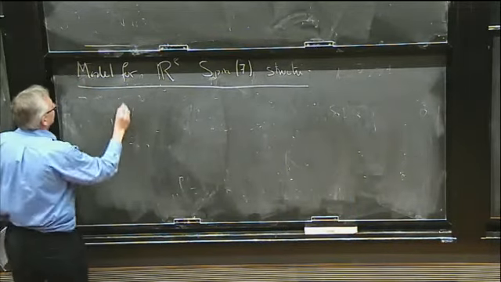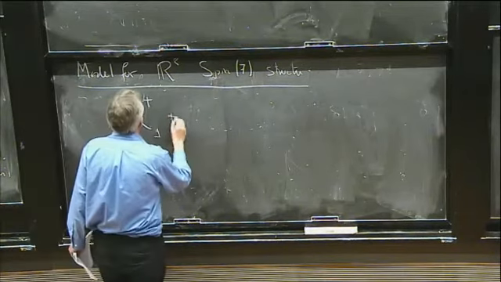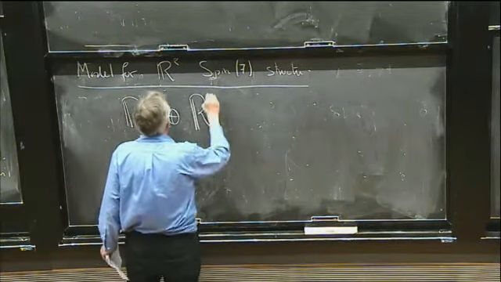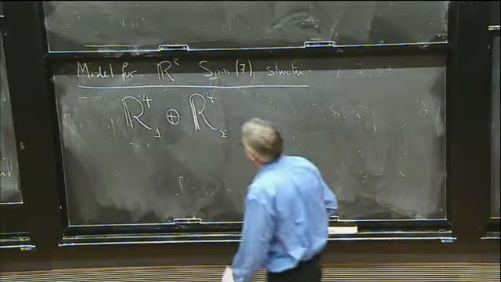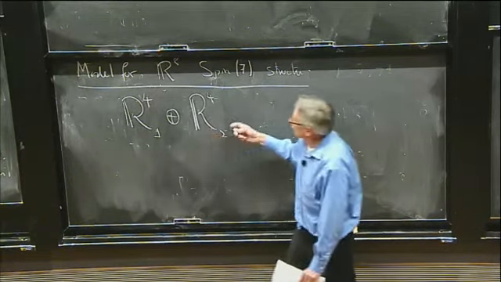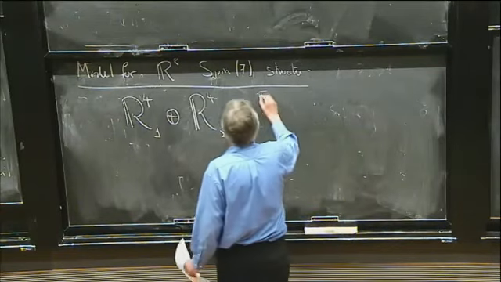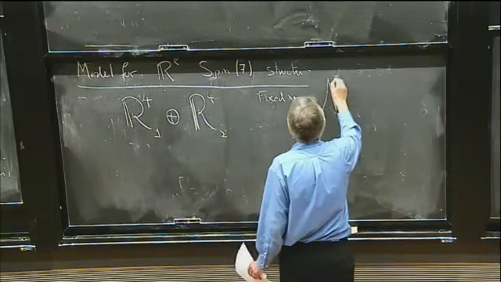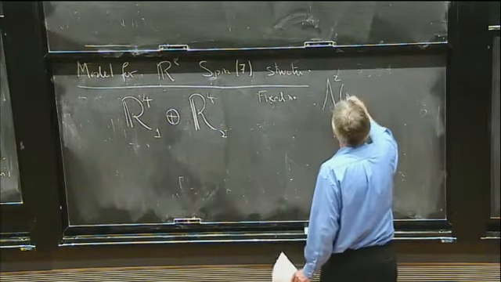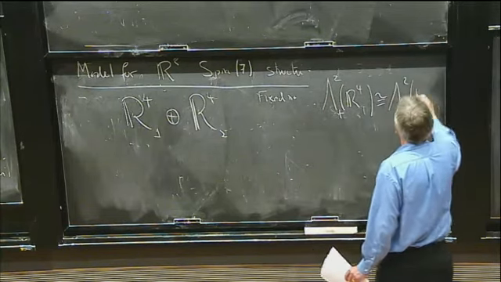Supposing we take 2 copies of R4, oriented R4s with Euclidean metrics, and supposing we have a fixed isomorphism, compatible with all the structure, of the self-dual subspace of one space with the self-dual subspace of the other space.